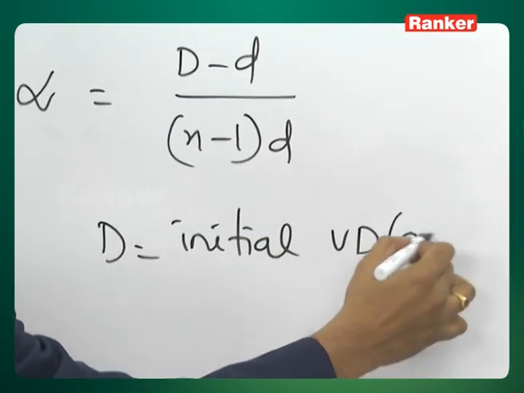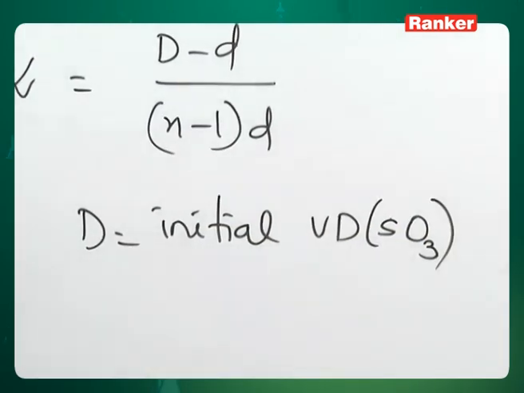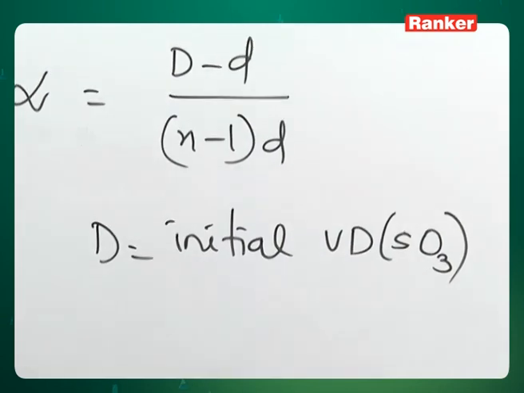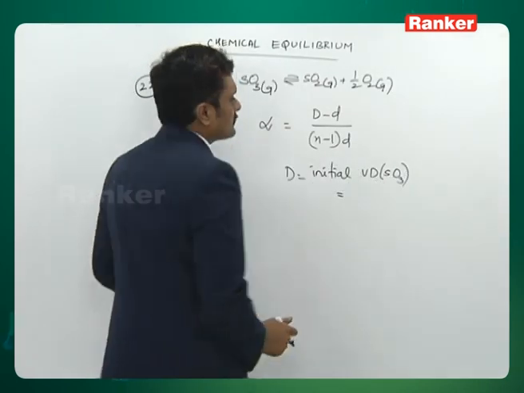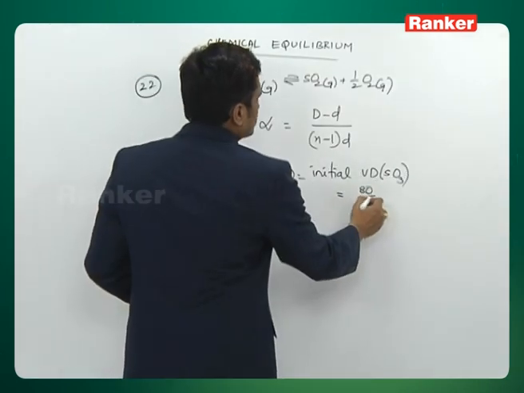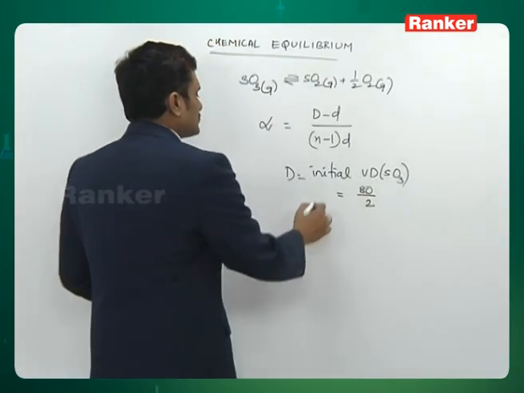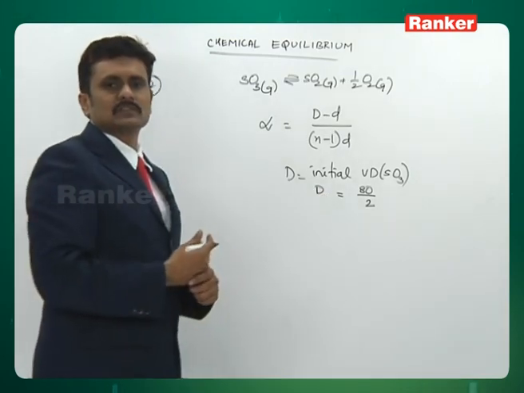Initial vapor density of this reaction is only due to SO3. Hence we have the SO3 molecular weight as 80 upon 2, which is the capital D given to us.